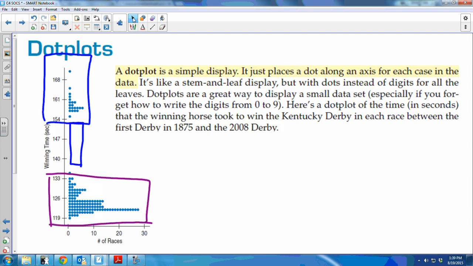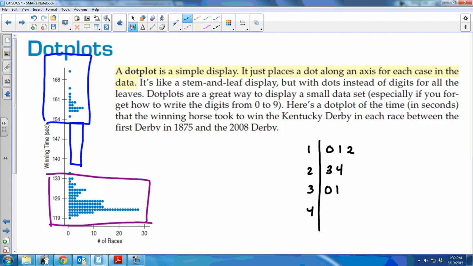So, to make sure we're all on the same page, let's say I'm making a stem and leaf plot. I have some data and make a stem and leaf plot. I'm making up numbers. Okay.